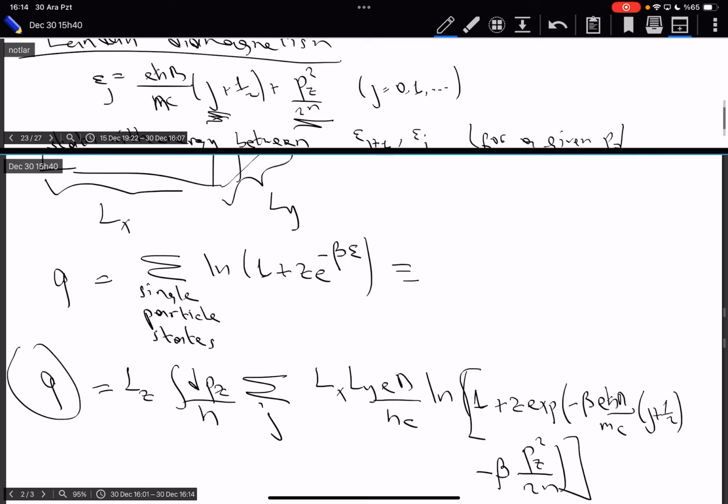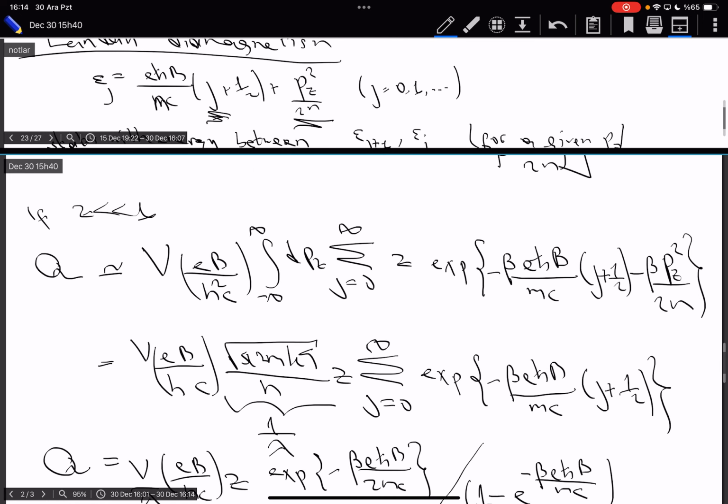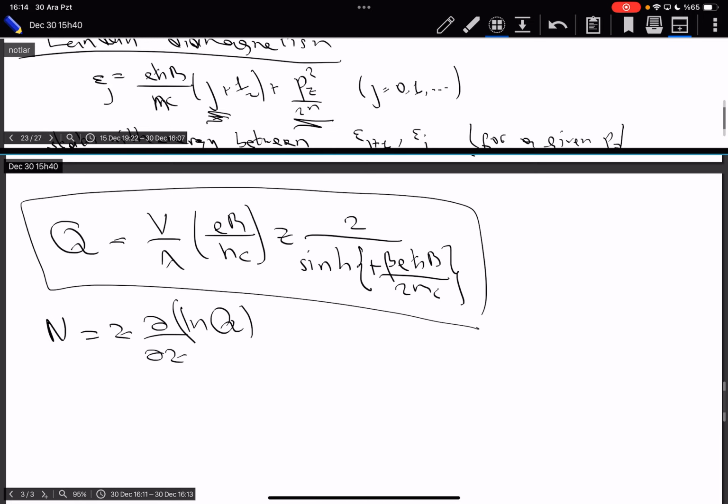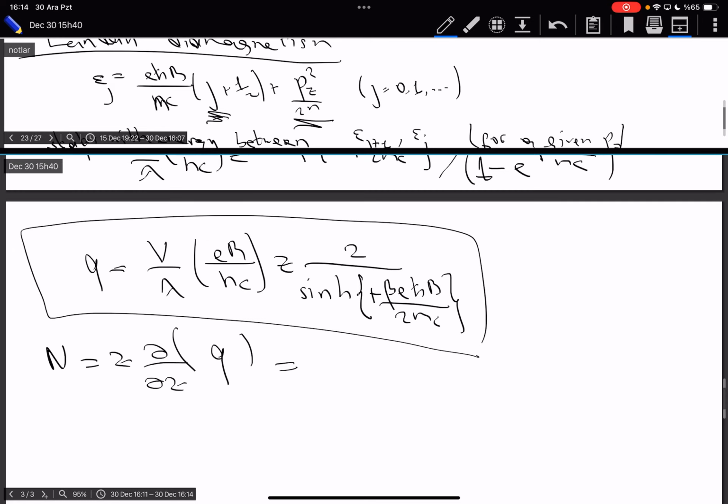This is already the logarithm of Q. So this is, well, basically V over lambda, EB over HC, Z, 2 over sine hyperbolic, whatever that number is. Well, Q potential basically turned out to be N.